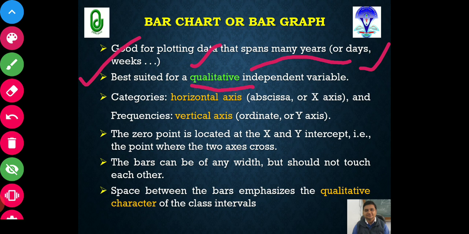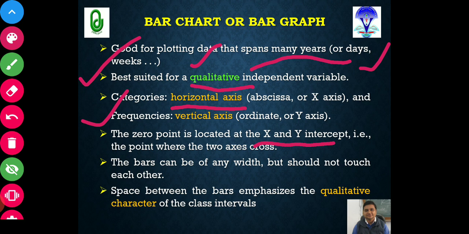Categories you have to put on the horizontal axis, so on the x axis you write the categories, and on the y axis you put the numerical value. On the y axis, or vertical axis, you put the numerical value or frequencies. The 0 point is located at the x and y intercept. The point where x and y cut each other is called the 0 point.